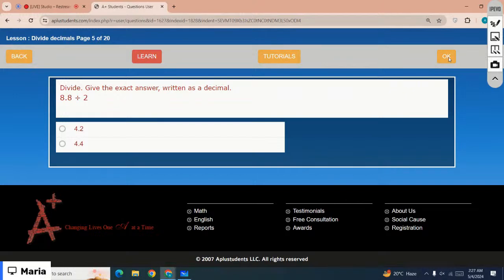Option number 2 is the correct option, right? The correct option is 4.4. Option number 2 is the correct option.